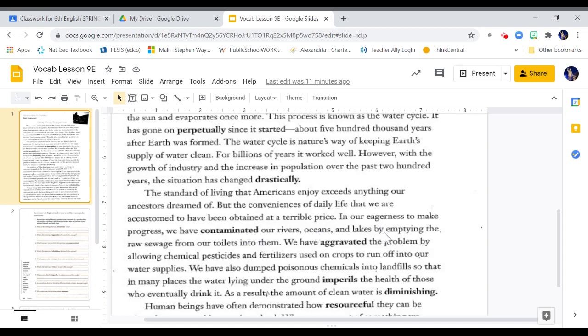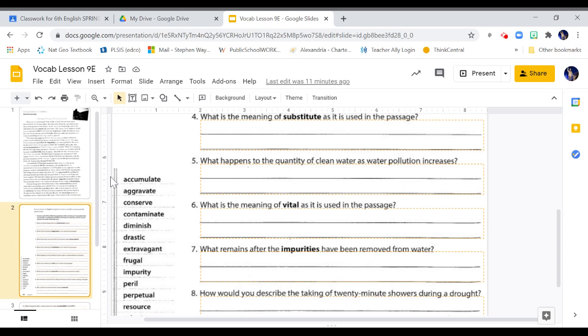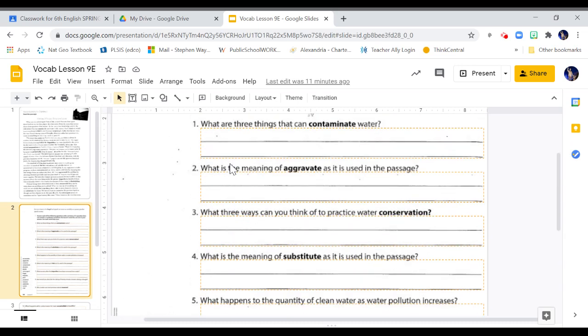So we have been emptying raw sewage. That's one thing. We've aggravated the problem by allowing chemical pesticides and fertilizers to run off and poisonous chemicals into landfills. So to write a nice complete sentence for number one, what are three things that can contaminate water?